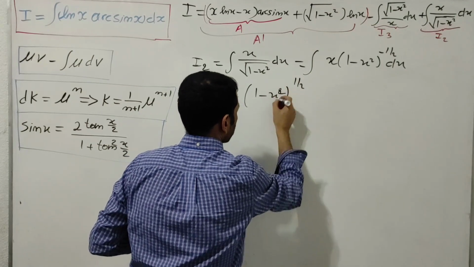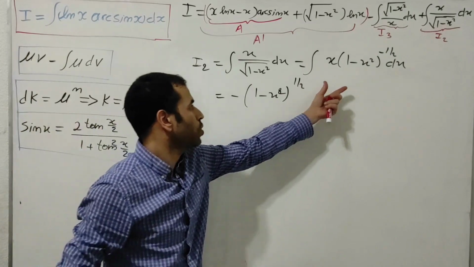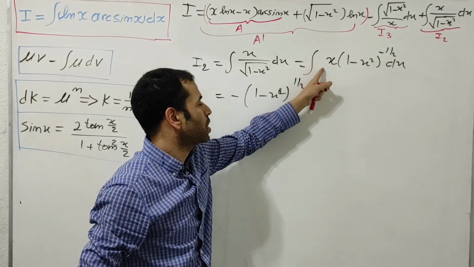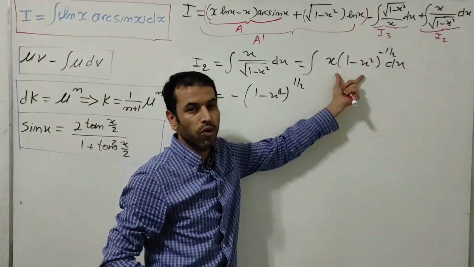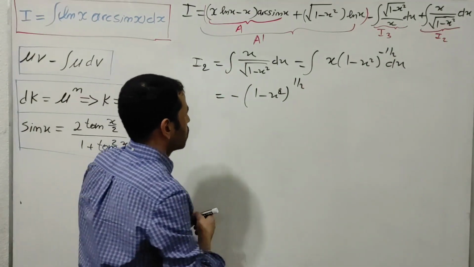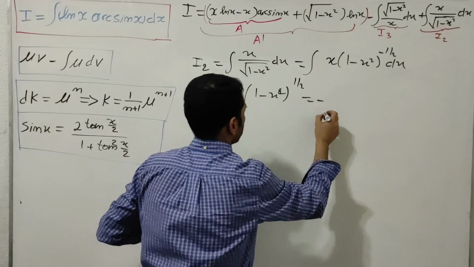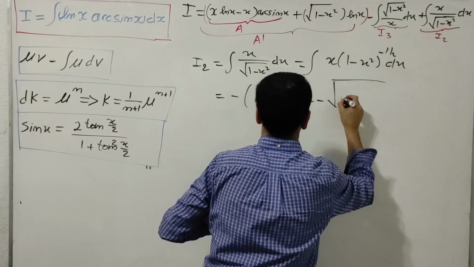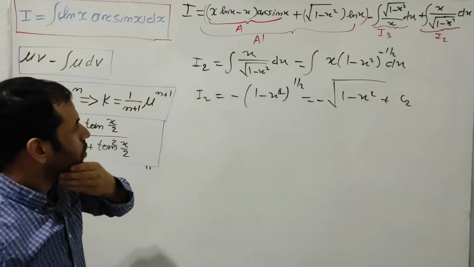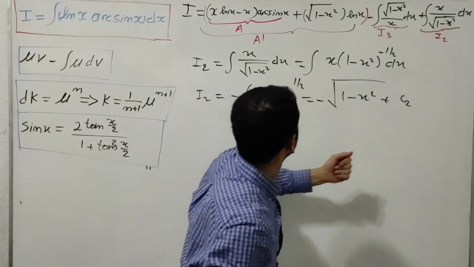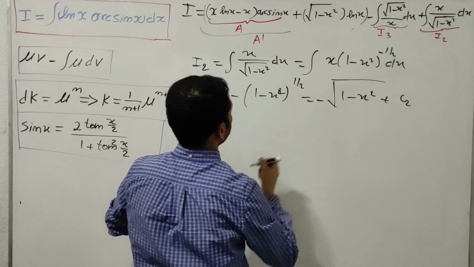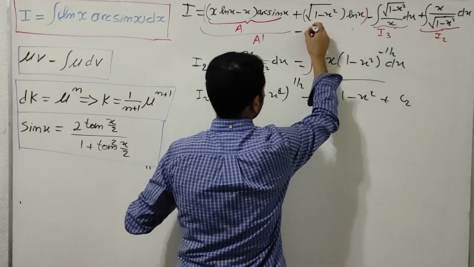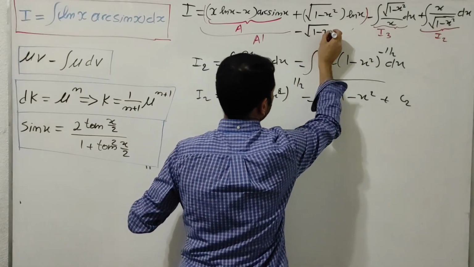So this gives us 1 minus x squared as a primitive. I can change it to the form of a square root, like this, 1 minus x squared. Now we're done with this one. So here I will have this term, minus square root of 1 minus x squared.